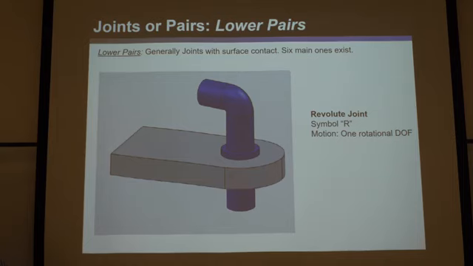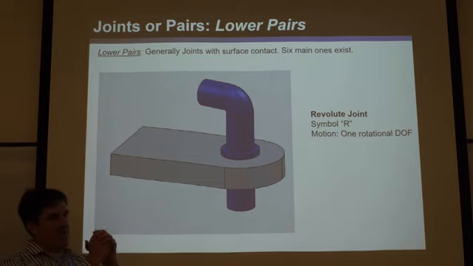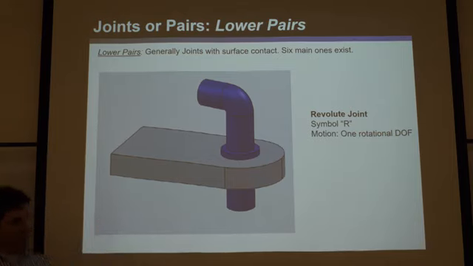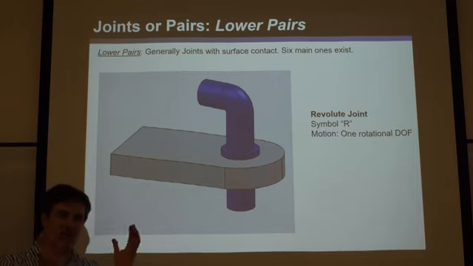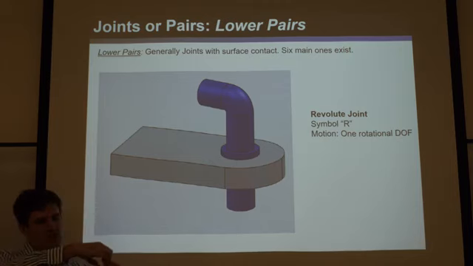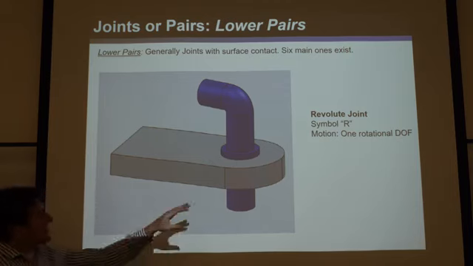And what defines a lower pair is whether the 2 links that it pairs move with surface contact. So it's a little difficult to explain without showing, but higher pairs, for instance, would be imagine a ball on a flat surface. It only touches at a point. That's not technically a surface. Or 2 cylinders, they only touch at a line. That's not a surface. You need to have a surface area.